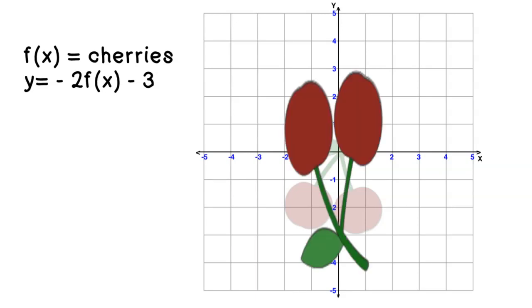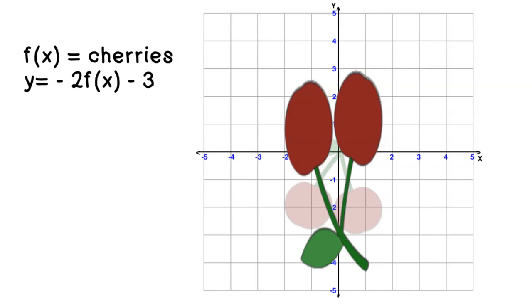So we multiplied by -2, which means we flipped it and stretched it vertically twice as tall. And then, following order of operations, we moved it down 3. Notice, since everything was applied to the outside of the function, everything happened vertically.